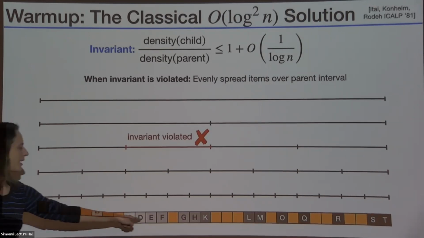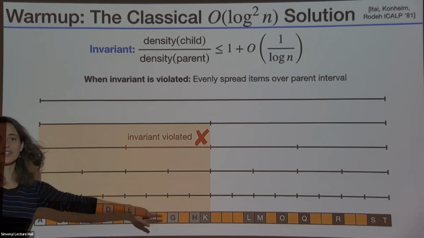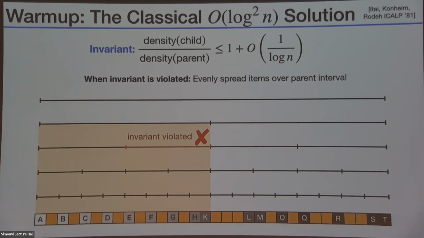And so we need to spread out these items. What we're going to do is take the whole parent interval and spread all these items evenly. And that's the entire algorithm. When the invariant is violated, just spread everything out evenly. And this applies when the invariant is violated for any interval at any level of the tree.